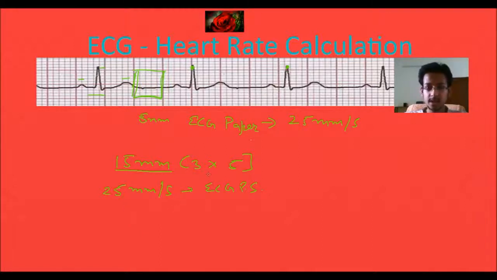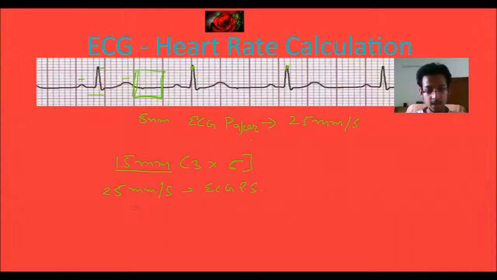A beat is defined by a slot in which one cardiac cycle is completed. Here we can see that one cardiac cycle is taking 15 mm. As we know the speed of ECG paper is 25 mm per second, and we also know 15 mm is the slot of one cardiac cycle, with this we can derive the time.